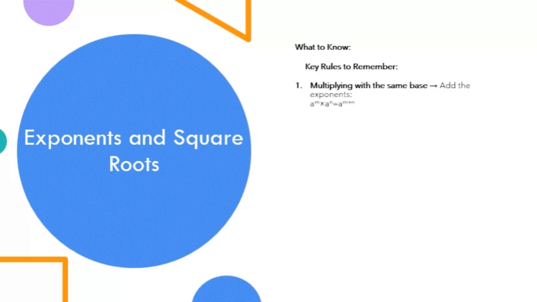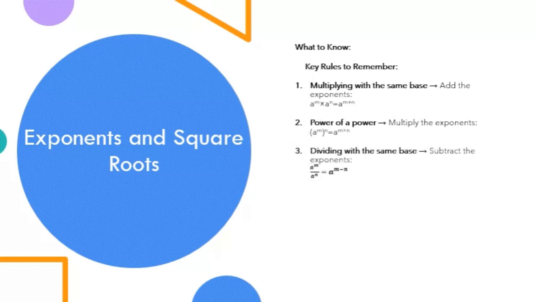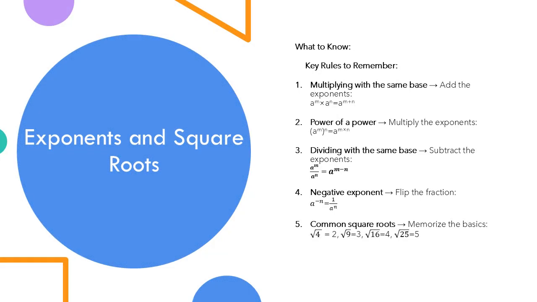Power of a power, multiply the exponents. (a^m)^n equals a^(m·n). 3. Dividing with the same base, subtract the exponents. a^m divided by a^n equals a^(m−n). 4. Negative exponent, flip the fraction. a^(−n) equals 1 over a^n.